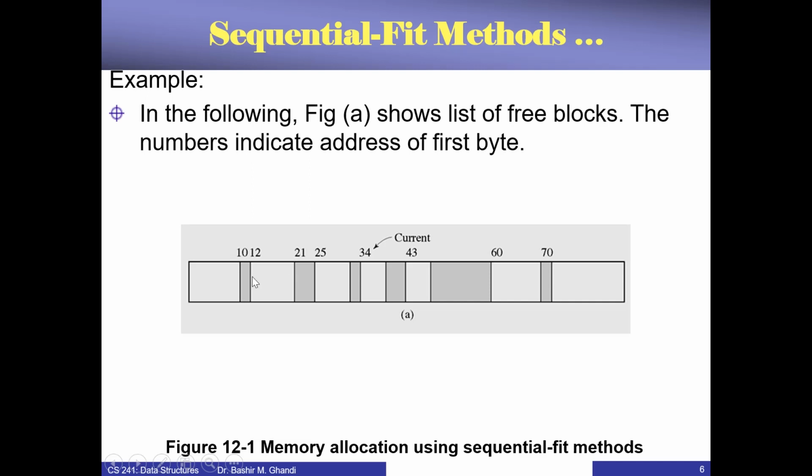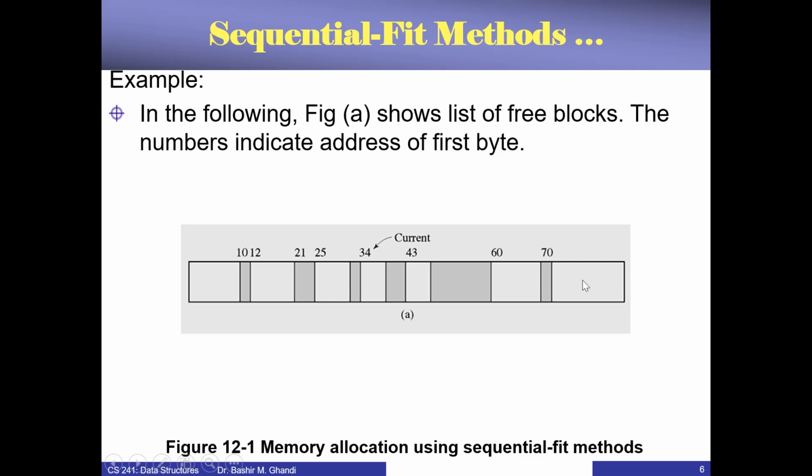Therefore the size is 9. If you subtract 21 minus 12, you will get 9. And so on and so forth. This is another block which seems to be big enough, between 60 and 70, is also of size 10.